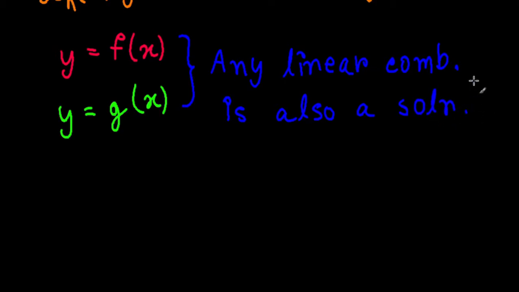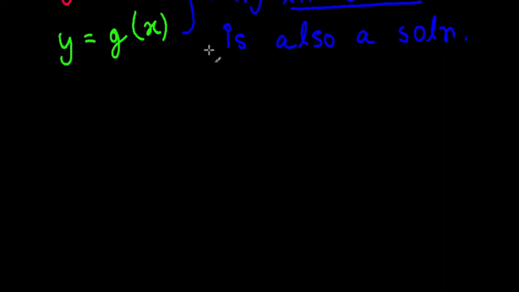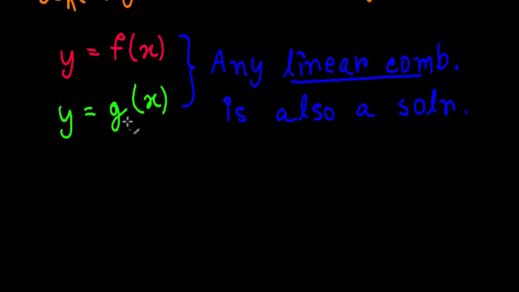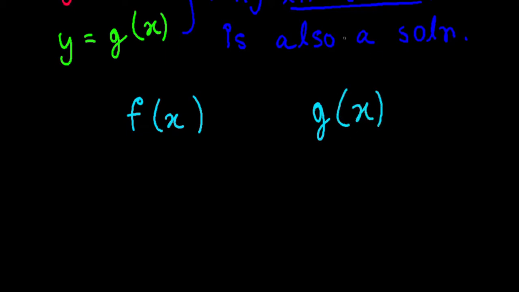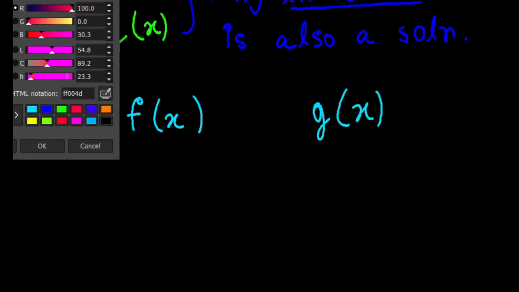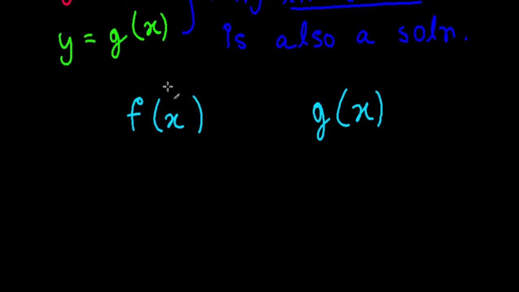The main thing to ask is, what is a linear combination here? A lot of you might have seen this in linear algebra and other places, but for functions, it's similar. We have two functions here, f of x and g of x. A linear combination of these two is, in general, you can multiply any arbitrary constant, let's call that c1, with f of x.